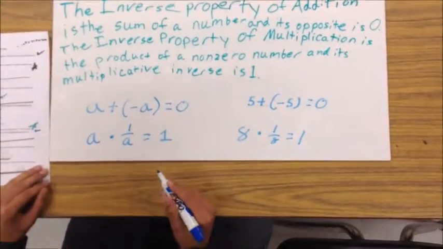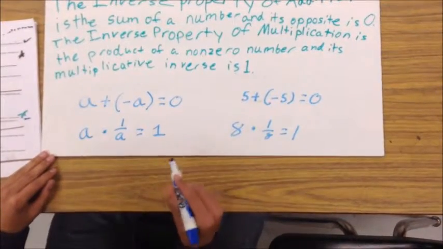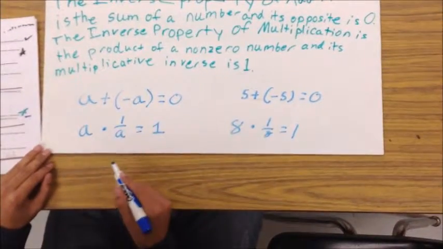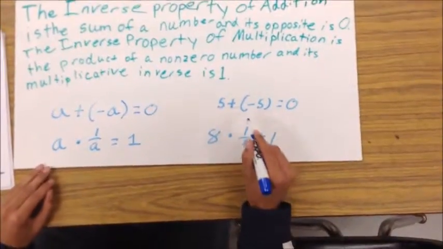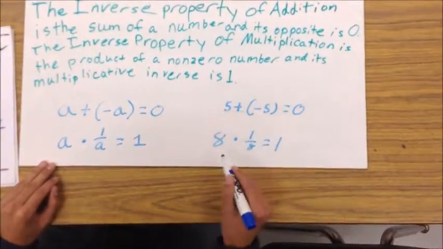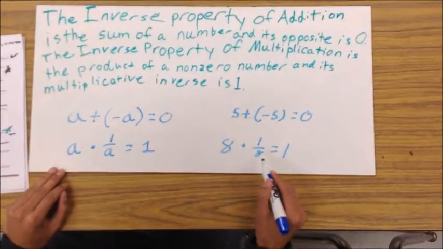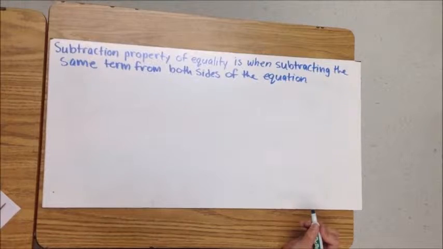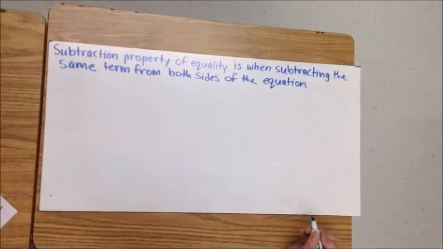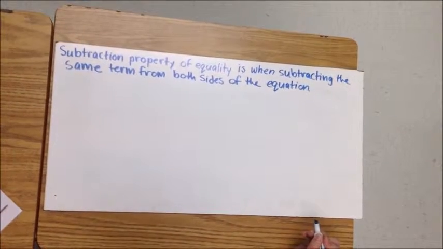So A plus negative A equals 0. A times 1/A equals 1. 5 plus negative 5 equals 0, while 8 times 1/8 equals 1. So essentially the opposite.